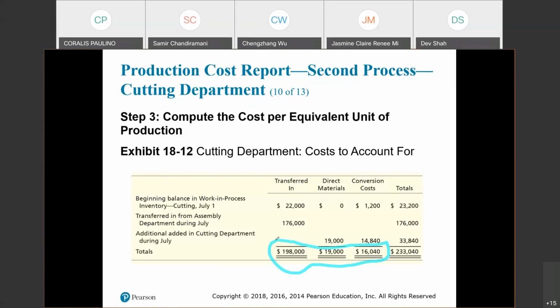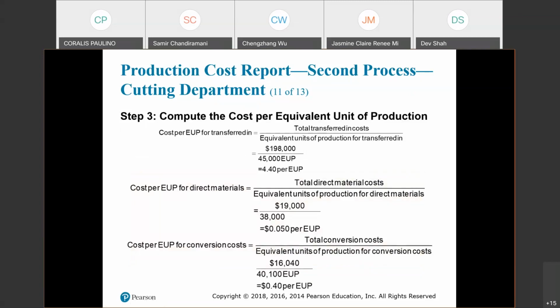The total cost for each input category. Okay, this is the calculation.